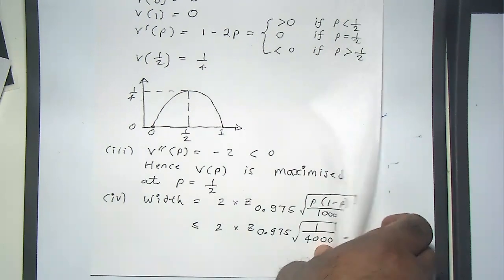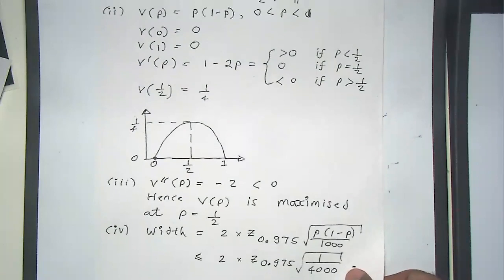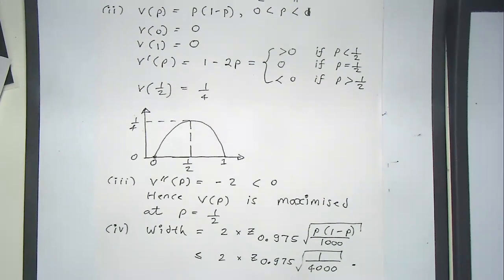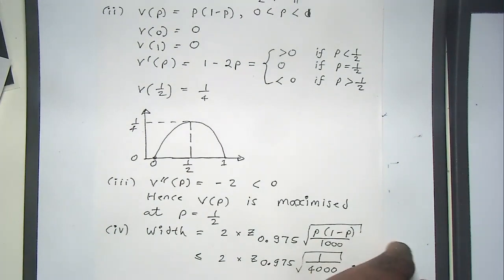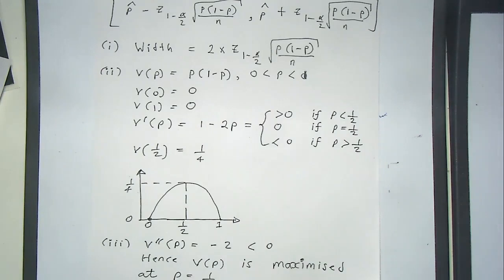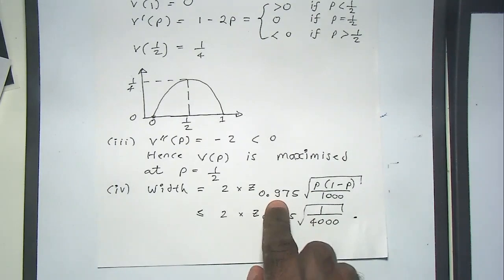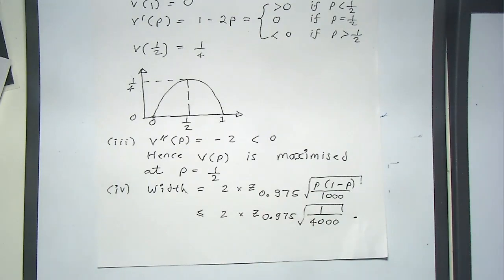You should go back a few steps earlier. 1 minus alpha by 2 is 0.975, and our n is 1000, and we know from this graph that p times 1 minus p is less than or equal to a quarter, so the width must be bounded by this. Now it's not really difficult.